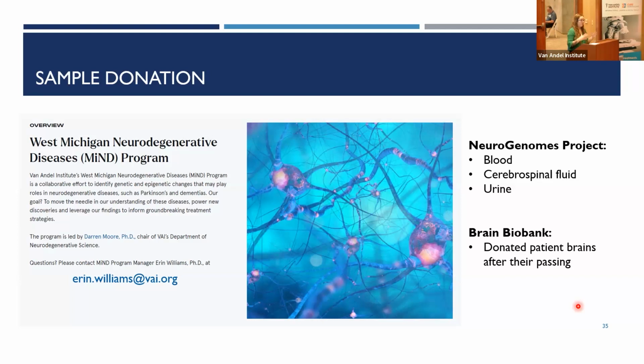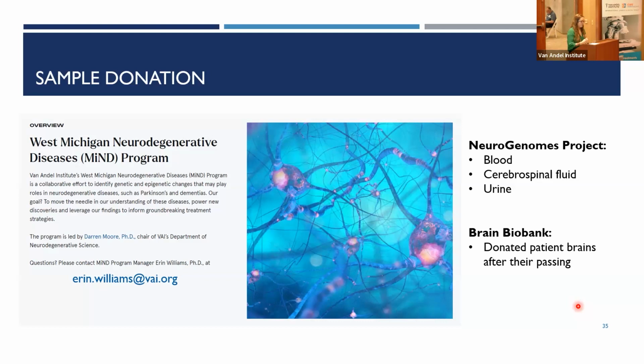It's a variety of neurodegenerative diseases and healthy controls, but in this case, it's really exciting for us to look at Parkinson's disease patients and use these samples to create biomarkers and understand how Parkinson's disease may be genetically linked, specifically here in West Michigan.